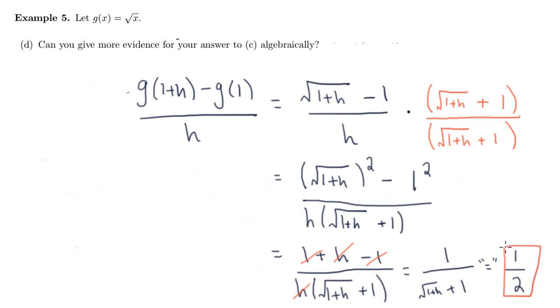It really is hidden in this complicated expression. We just had to do some manipulation or some algebra, the hardest part of this whole deal, to get to the answer of 1/2. And this is the instantaneous rate of change of this function, so the slope of the function at x equals 1.